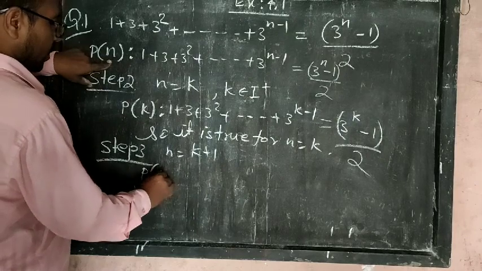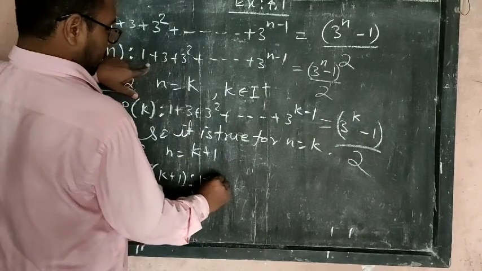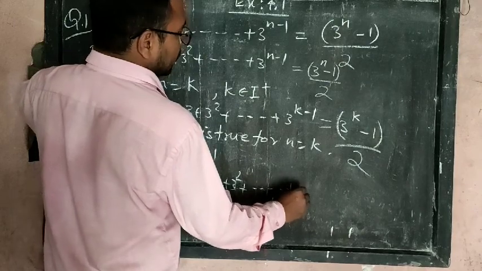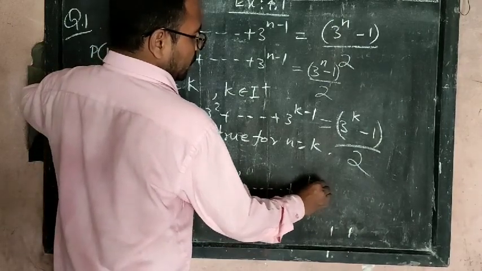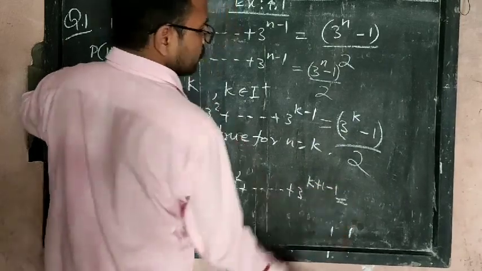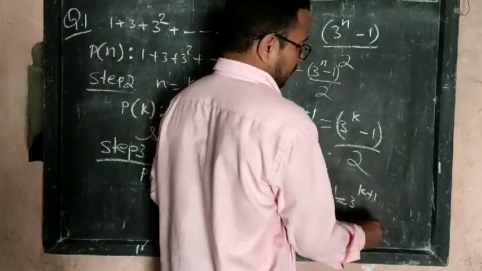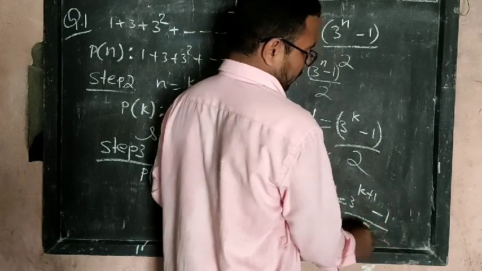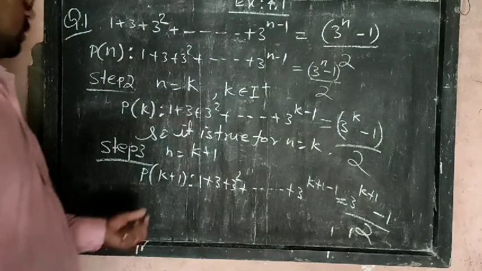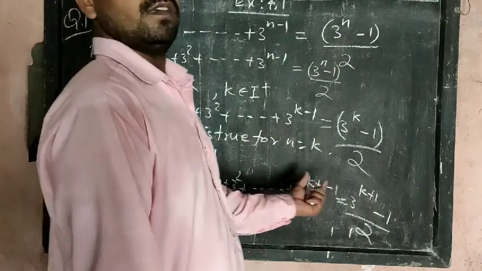So P(k+1) such that 1 plus 3 square plus up to 3 to the power k plus 1 minus 1 is equal to (3 to the power k plus 1 minus 1) by 2. This much is there. Nothing, students, I have done here. I have just put the value n is equal to k plus 1 in the place of n.